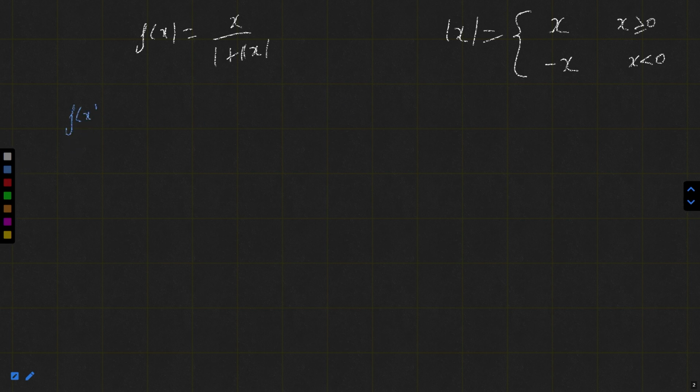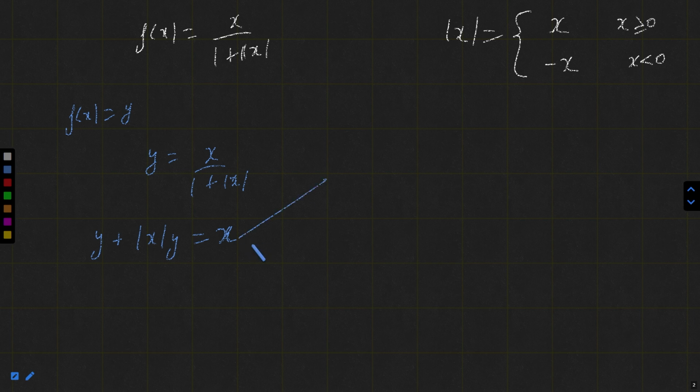Just put f(x) equal to y. What you will get is y equals x upon 1 plus mod x. By cross multiplication, we get y plus mod x times y is equal to x.